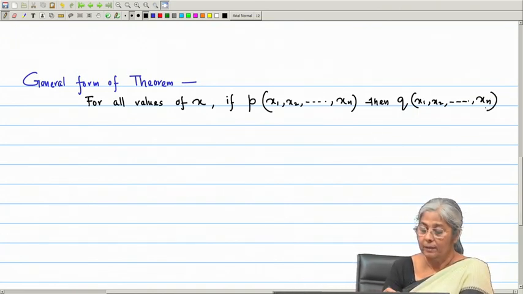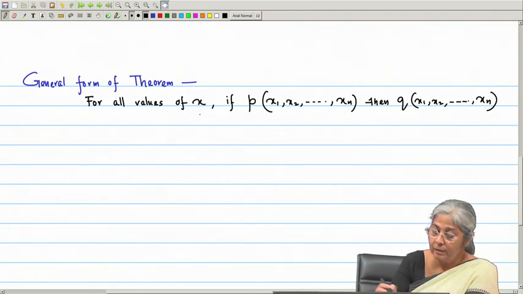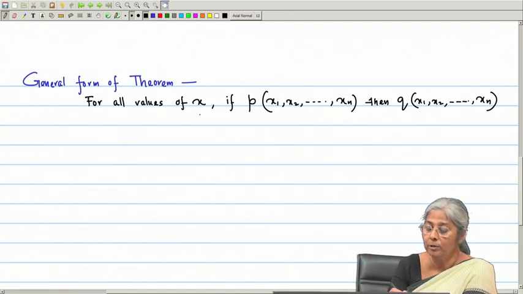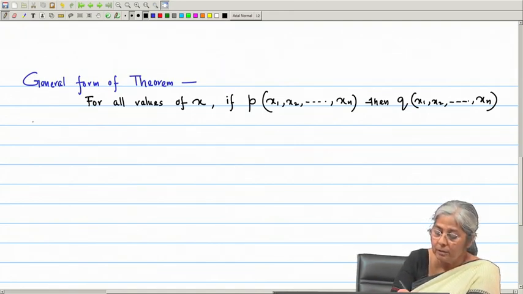So, this is a universally quantified statement. The general form of a theorem is nothing but a universally quantified statement.